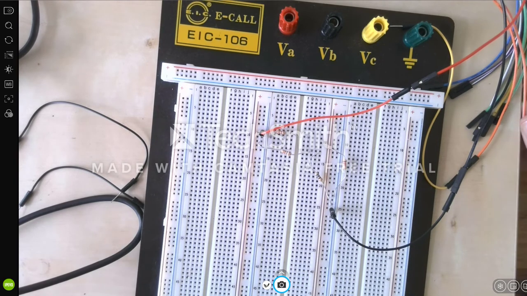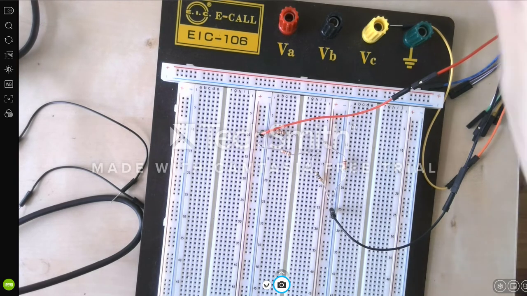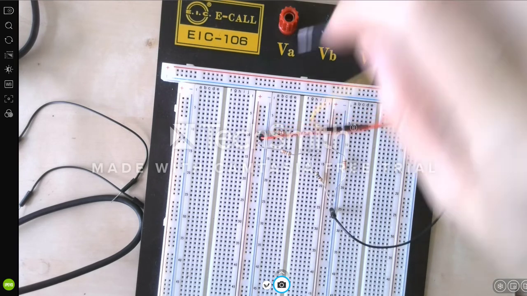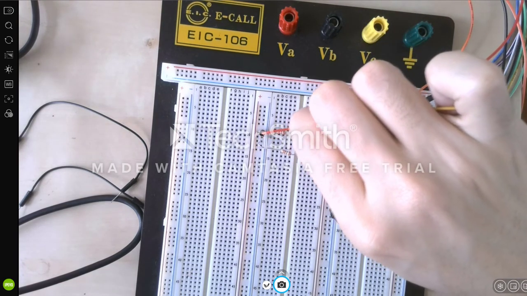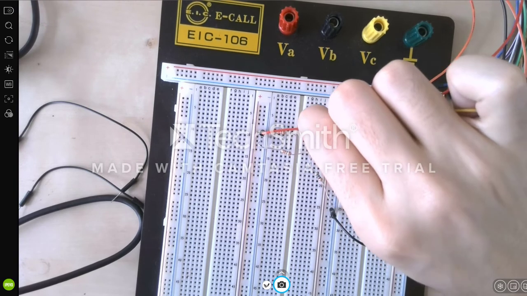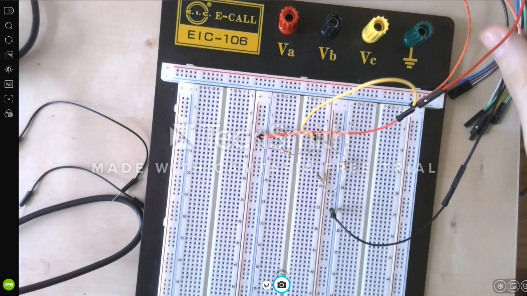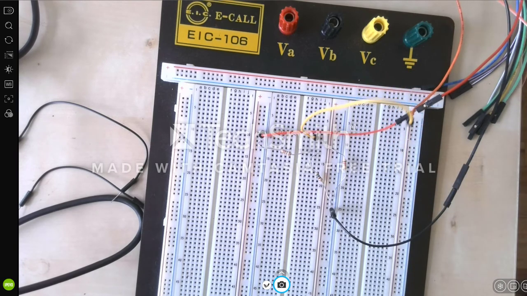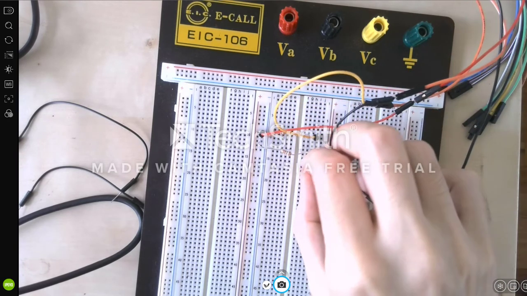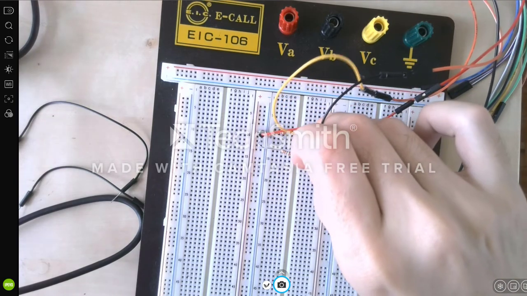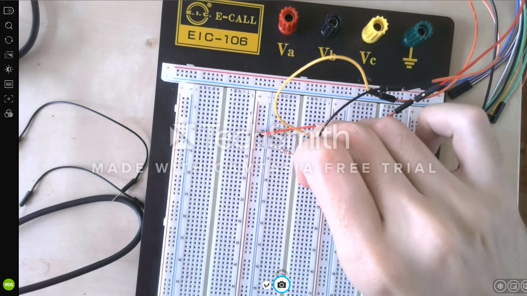We will take the measurements at this junction, here and here.